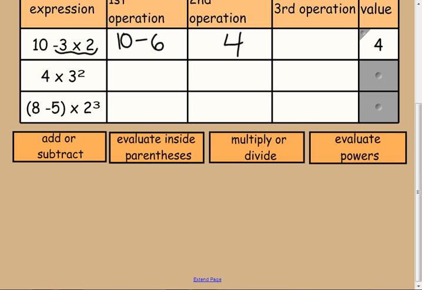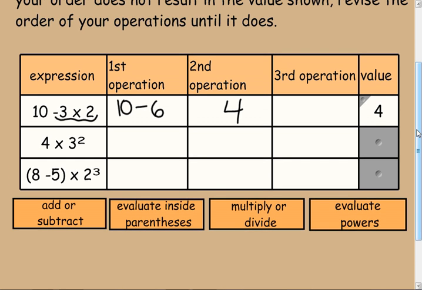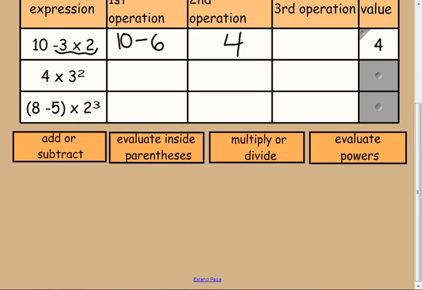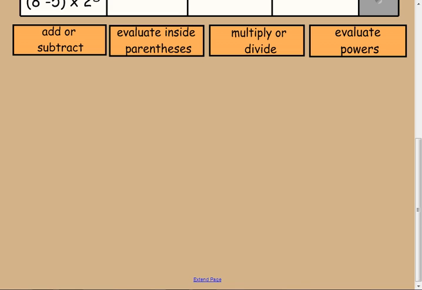Okay, so what are we going to do first? Are we going to multiply 4 times 3, or are we going to go 3 times 3? Do you remember what exponents mean? So if I have 4 to the third, that means it's a shorthand for 4 times 4 times 4. That's what an exponent means. Remember that?